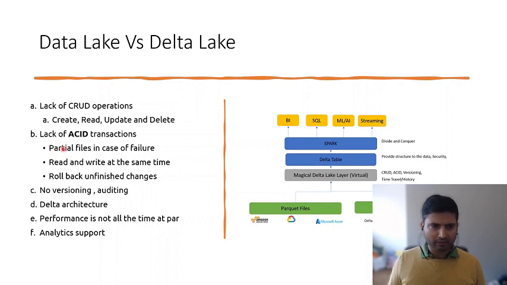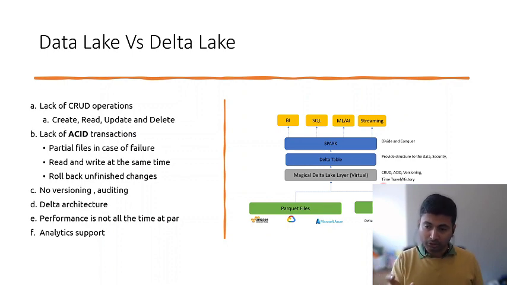ACID transactions: when there is a file problem, you need to keep track of what files are loaded and when they are loaded. You're not duplicating the files; you're reloading only the failed ones. All that is possible through Databricks' own architecture, and this is also possible for streaming services like IoT services, where you are pulling data in near real time.